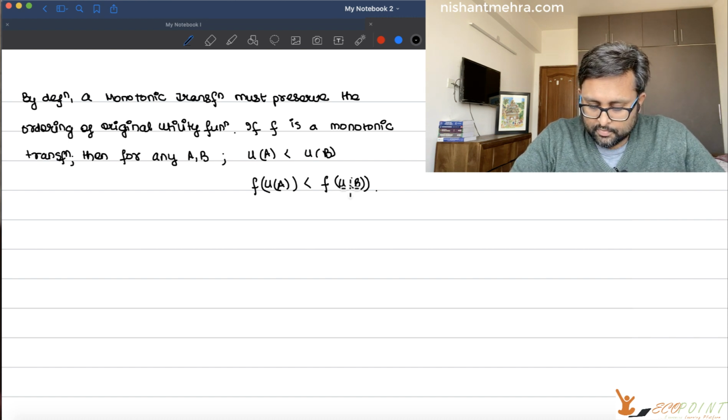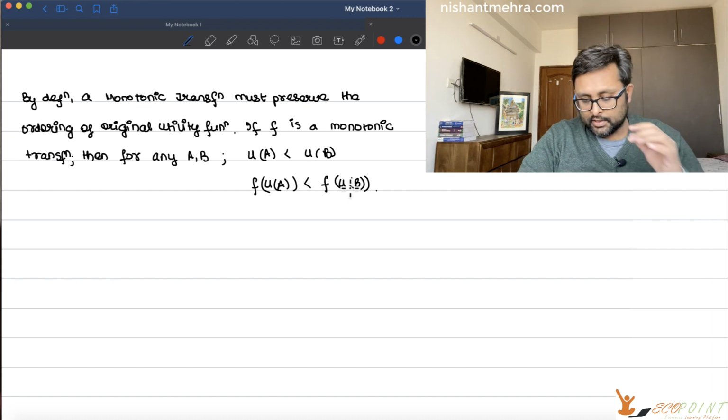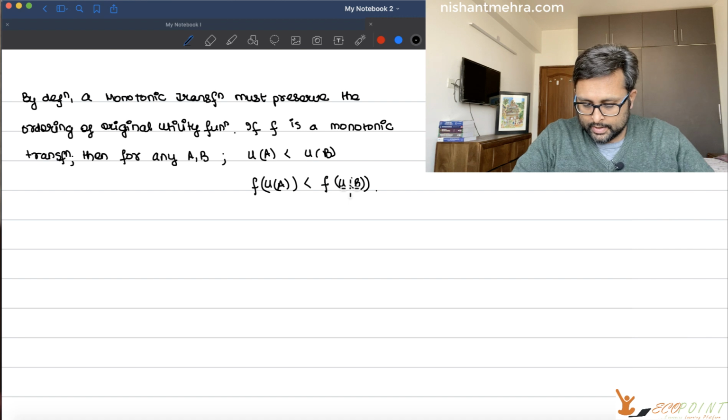So when you find out the MRS, it would mean the slope of the indifference curve at that particular point, right?